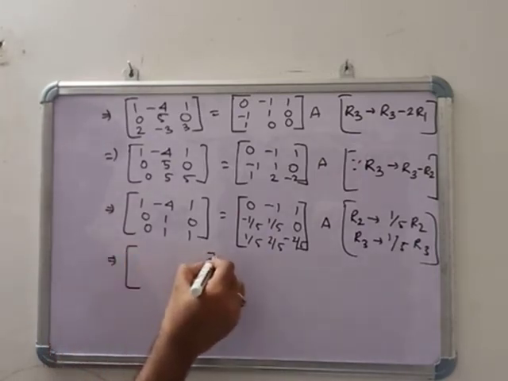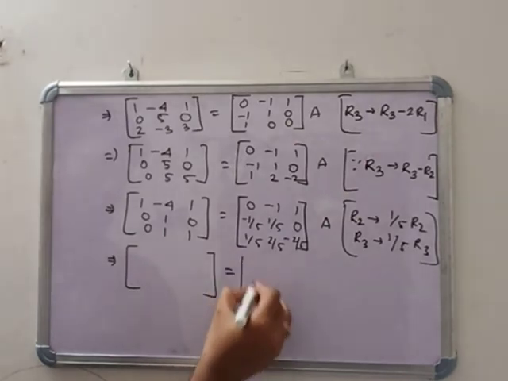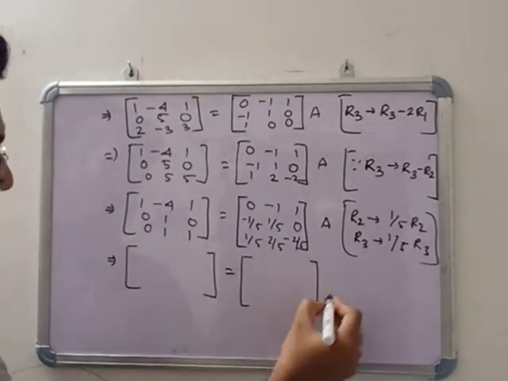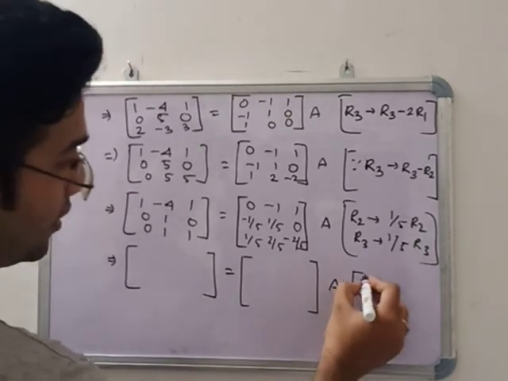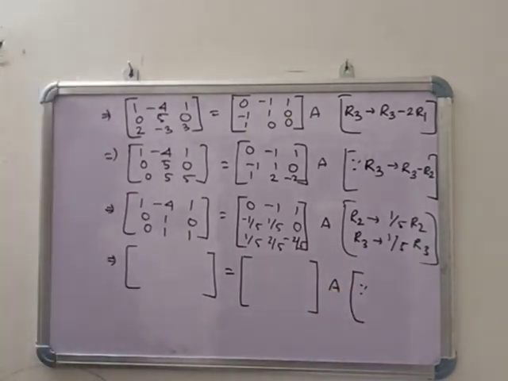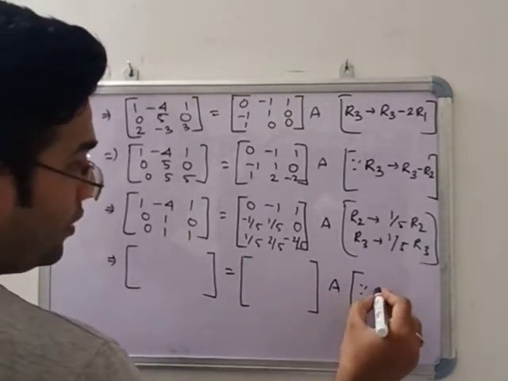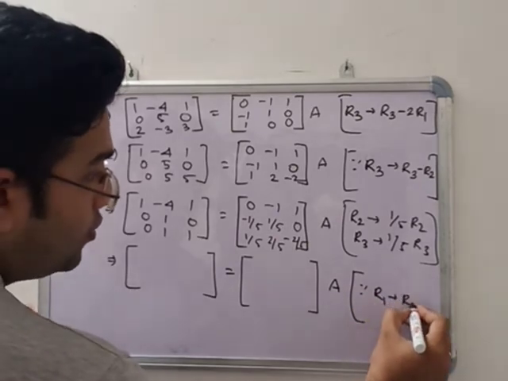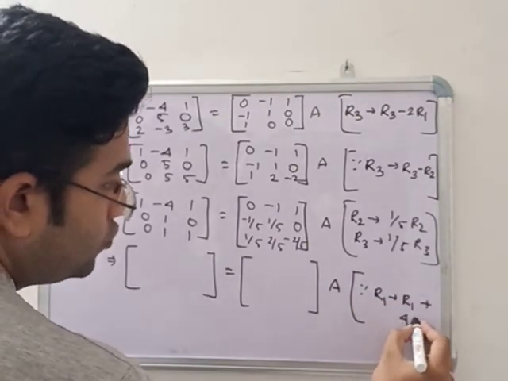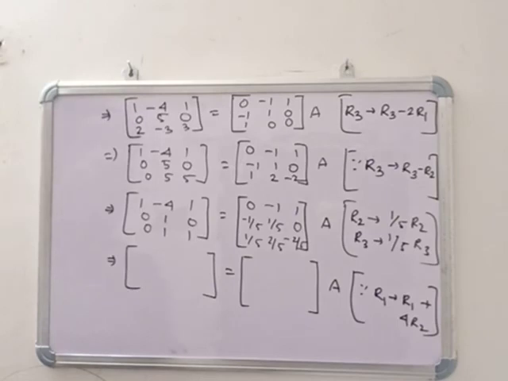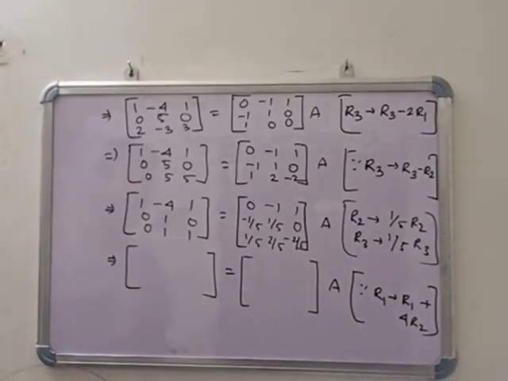Now row 1 equals row 1 plus 4 row 2. Okay, so row 1 plus 4 row 2. Apply it.